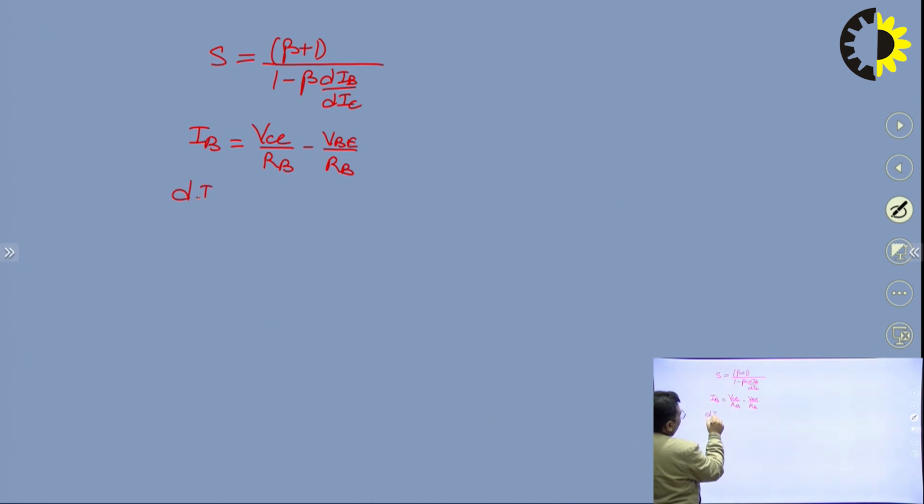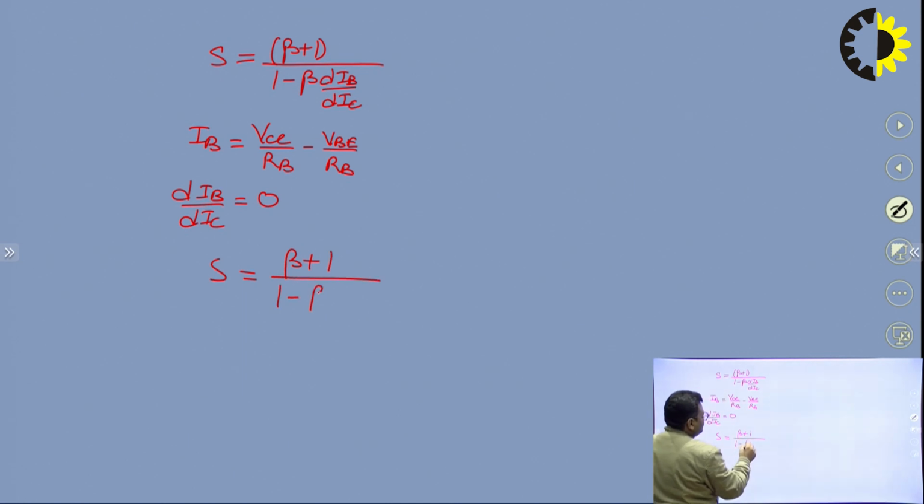If we calculate dIB over dIC, it will be 0. So the stability factor in this case will be S equal to (beta plus 1) divided by (1 minus beta times 0), or simply we can say beta plus 1. So S is equal to beta plus 1, right.